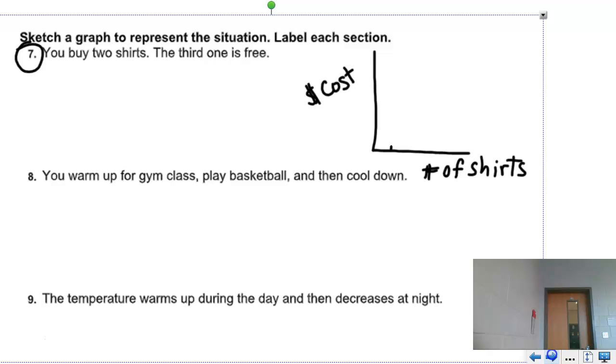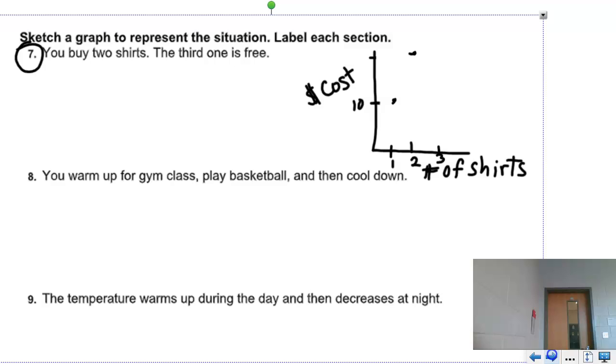So if I buy 1 shirt, it costs some amount of money, say 10 bucks. Then I buy the second shirt, and it also is $10, but I'm looking at the total cost. So for 1 shirt, it's $10. For 2 shirts, it would be $20. And then I'm thinking about what's the total amount that I would pay when I have 3 shirts.